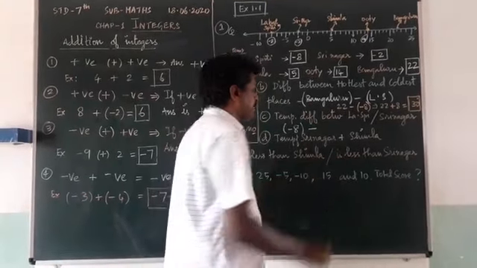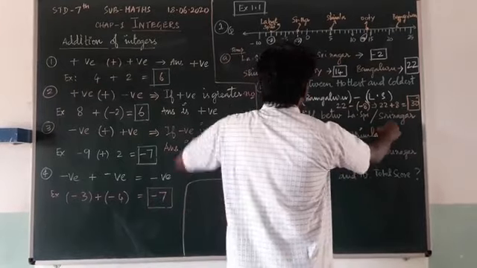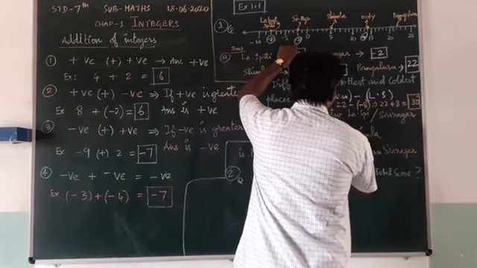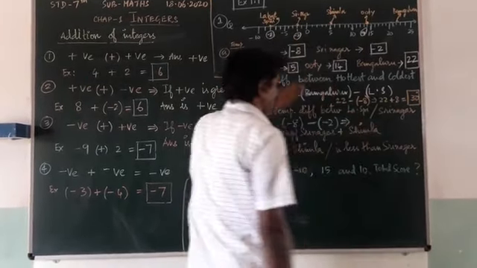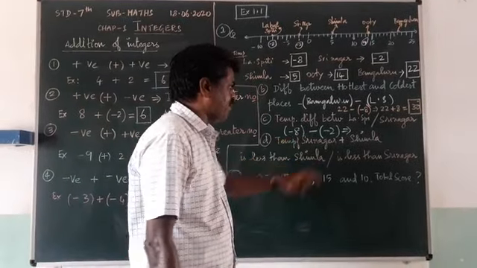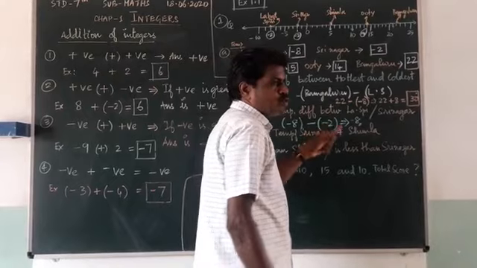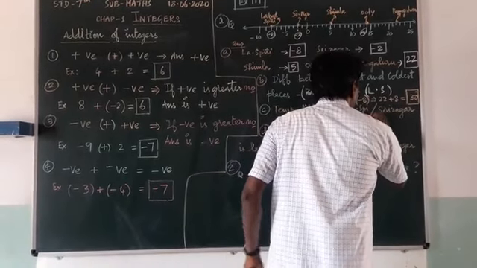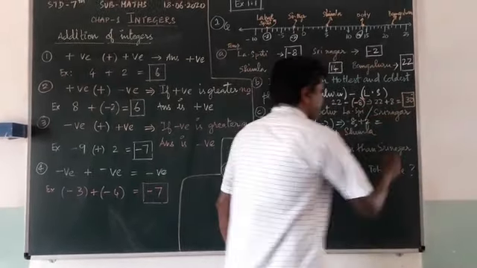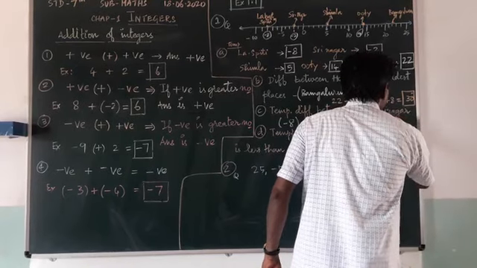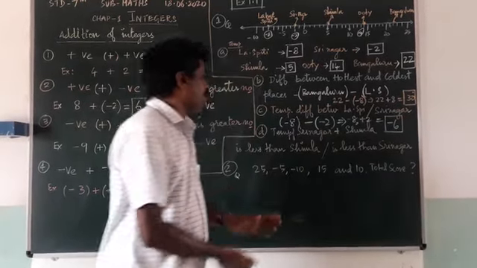Difference means minus. Minus Srinagar temperature, which is -2. So what is the answer? Just now I told: -8 is the first number as it is, and minus of -2 is +2. So your answer is -6.